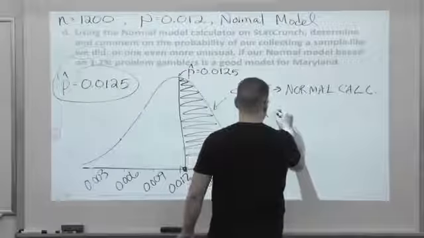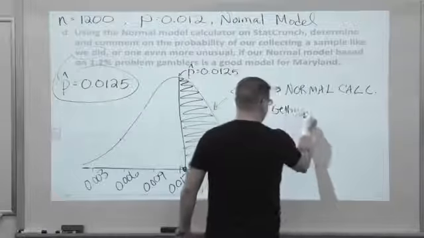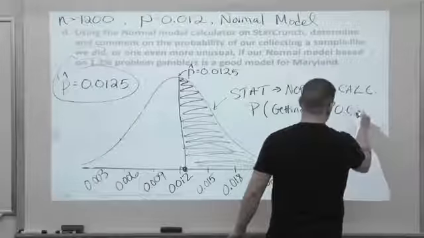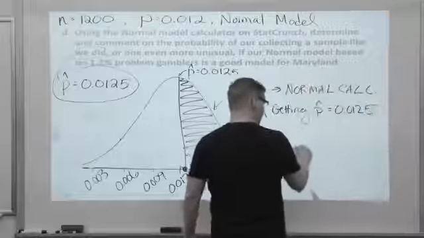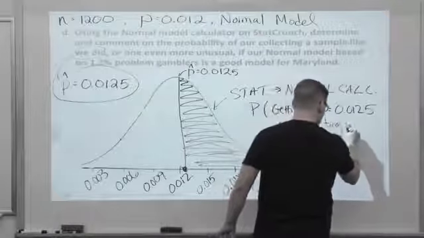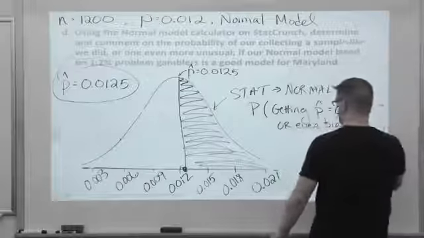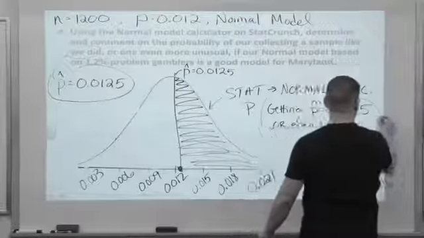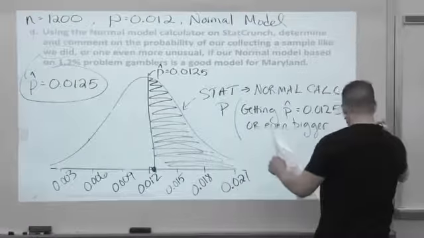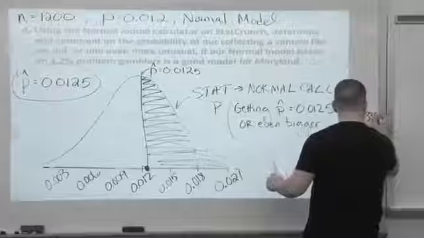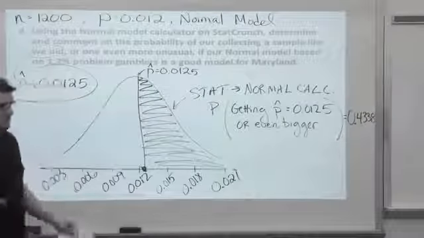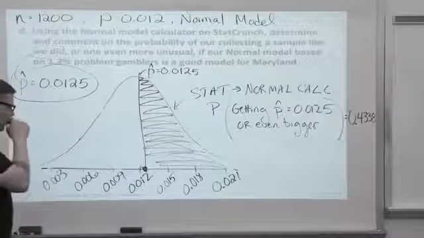So the probability of getting a p hat equal to 0.0125 or even bigger, that big probability there, is 0.4338. Almost a 50% chance.